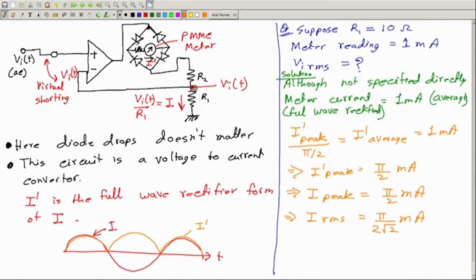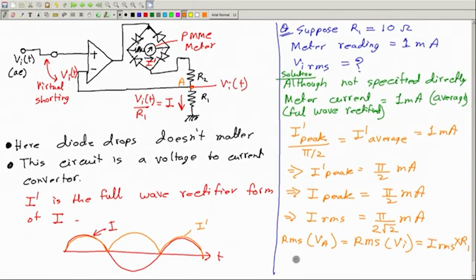Now if we call this voltage, this voltage is the same as VI. If you call this point A, then the RMS value of VA, or the RMS value of VI, should be I RMS multiplied by the R1 resistance.